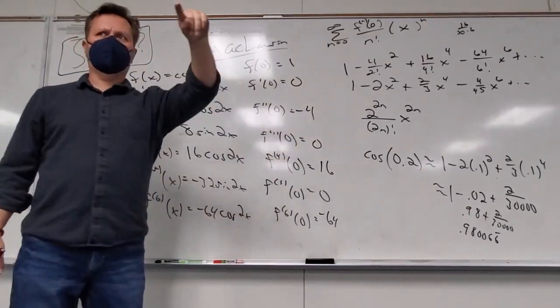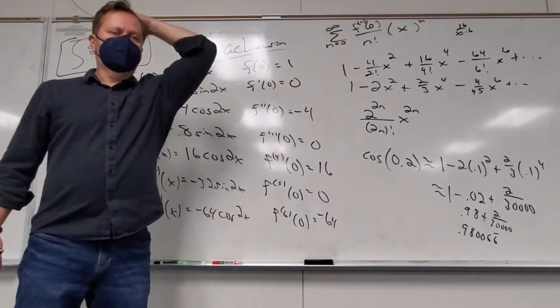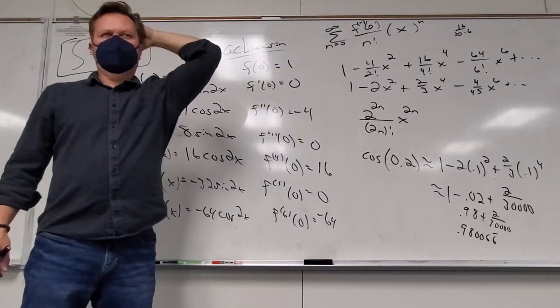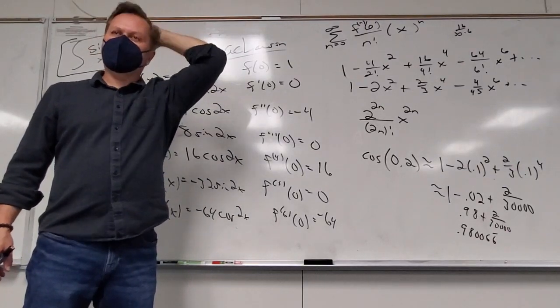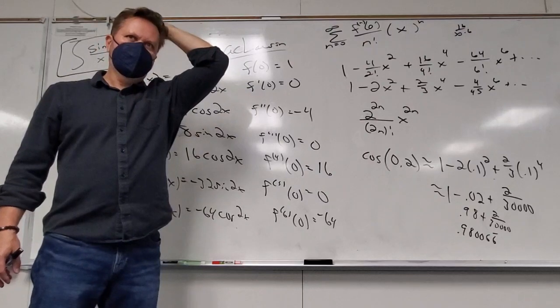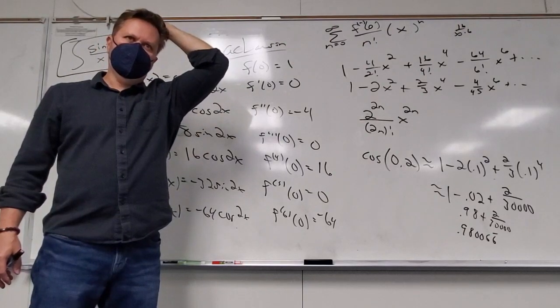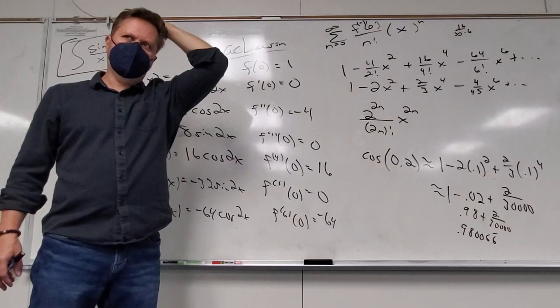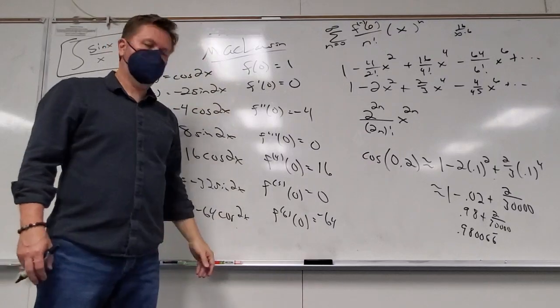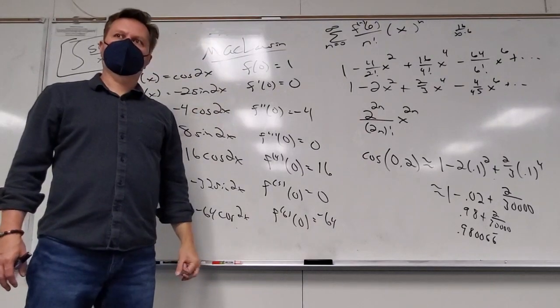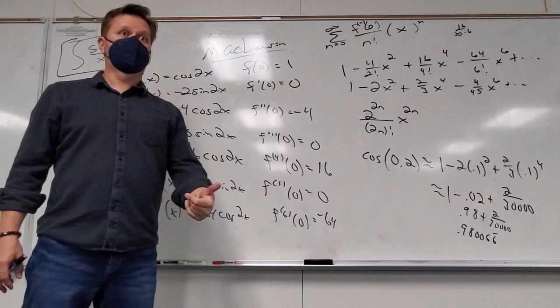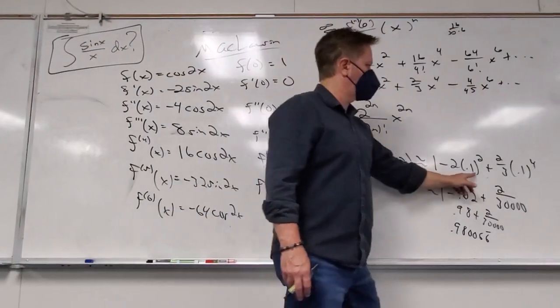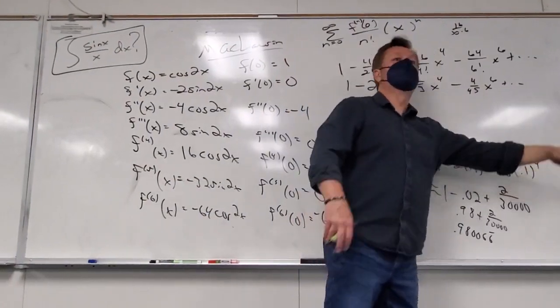Make sure you're in radians. And then I want to ask you guys why you have to be in radians. Cosine of 0.2 is 0.9800665. I mean, did we go very far out? How many more terms are there? An infinite number.